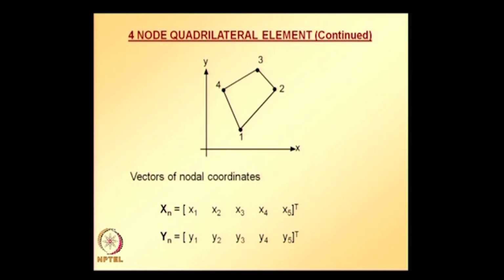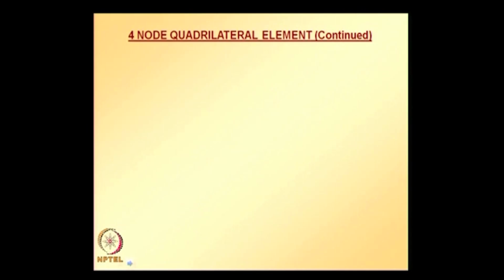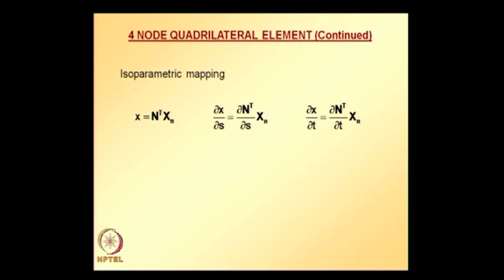Similarly, the vector of nodal coordinates for y consists of only y1, y2, y3, y4. x5 and y5 should not appear because we have only 4 nodes. So, using the nodal coordinates x1, x2, x3, x4, y1, y2, y3, y4, we can write isoparametric mapping relations which can be compactly written in matrix and vector form like this.